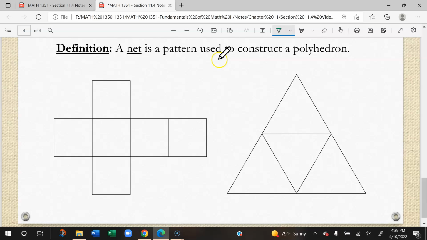Now, a net is a pattern used to construct a polyhedron. Basically, it's unfolding the structure.